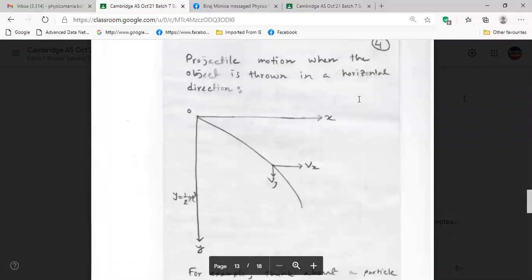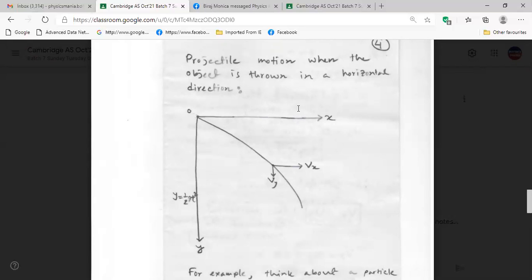Projectile motion when the object is thrown in a horizontal direction. Is it clear? Once again, please. I'm saying that this part is also done by you.